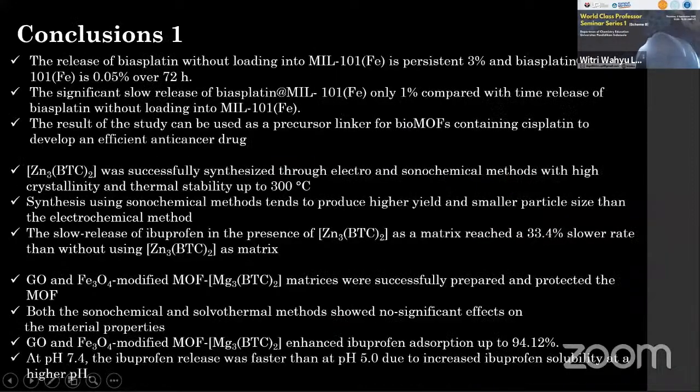And here I would say, to conclude the talk one, that's the release of cisplatin, ibuprofen loading, and the MIL is persistent around 3%, and after we load in the MIL, it lowers the release speed. It means the slow release of the drug is successful here.